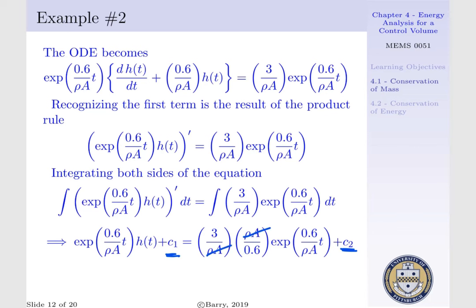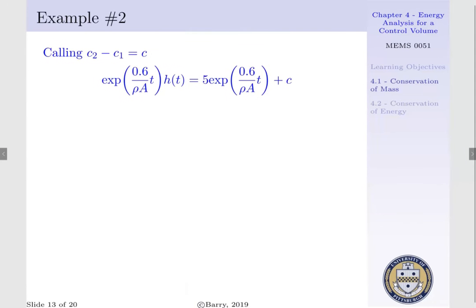Our rho A's on our right-hand side cancel. 3 per 0.6 gives us a quantity of 5. And if we define c2 less c1 is equal to some constant c, our equation now becomes the exponential of 0.6 t per rho A, h, is equal to 5 times the exponential of 0.6 t per rho A plus our constant of integration.